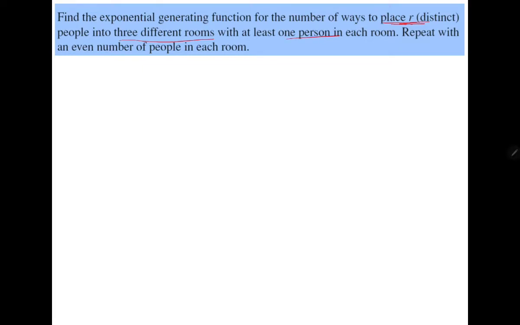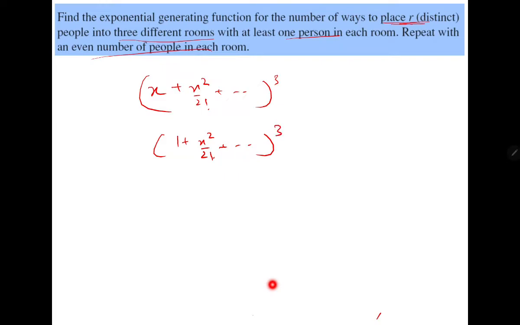Writing it down is quite easy. At least one person, so each ei is greater than or equal to 1, and so on. In case of even number, it is 1 plus x squared by 2 factorial and so on.